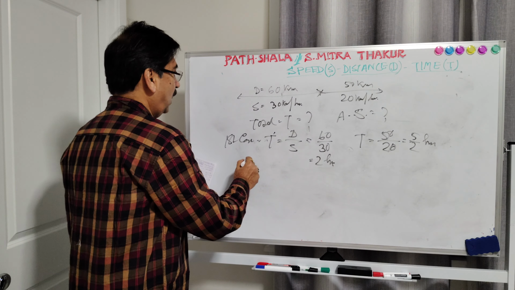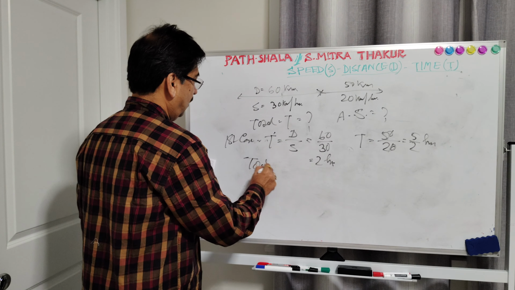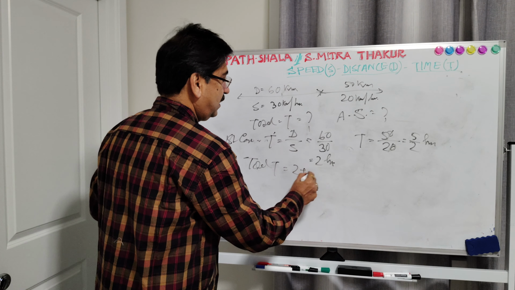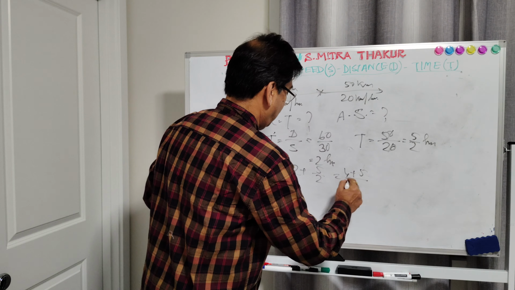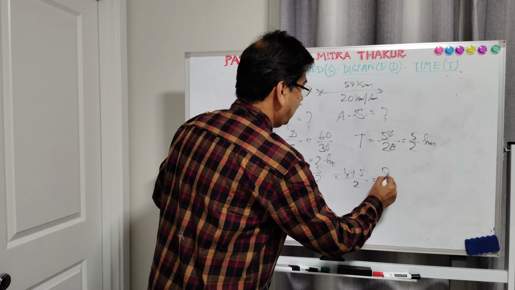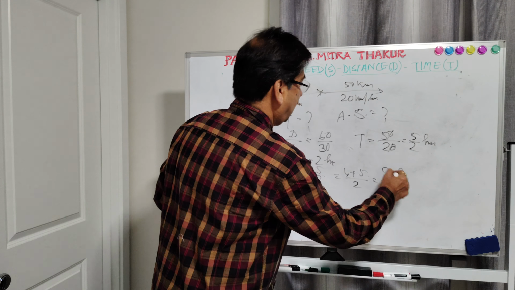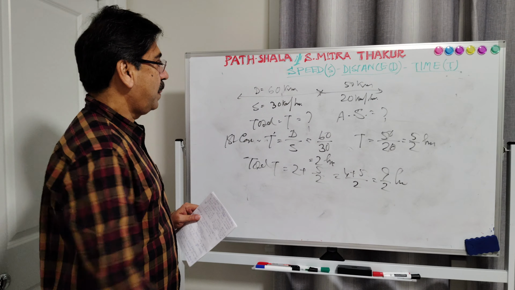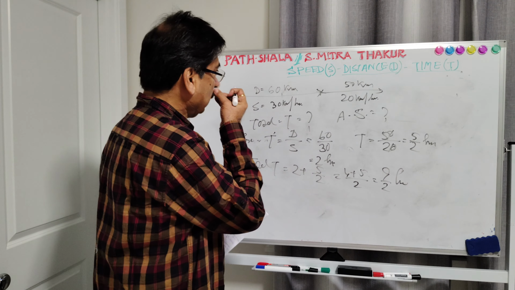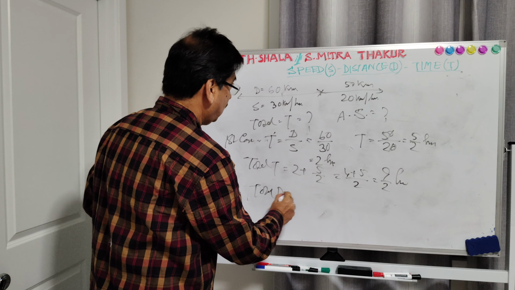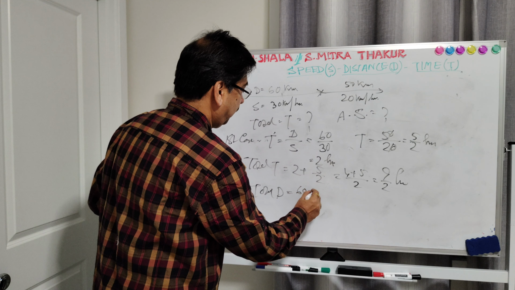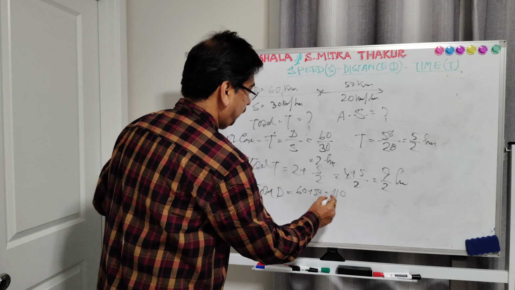Right? The total time is equal to 2 plus 5 by 2. That is 4 plus 5 by 2. That is 9 by 2 hours. Right? Total time. And total distance is equal to 60 plus 50. That is 110.